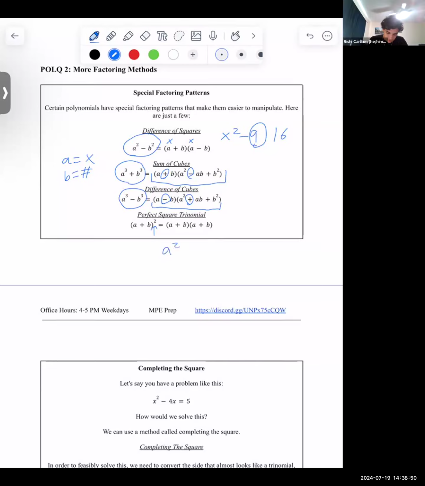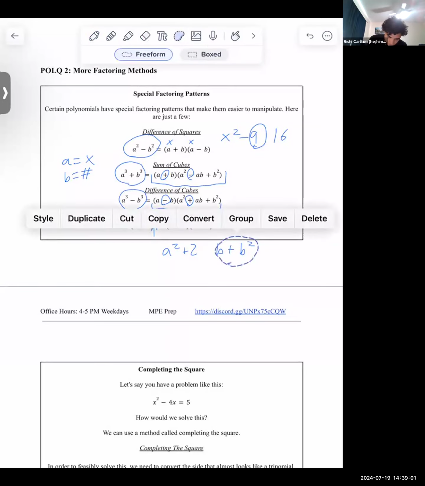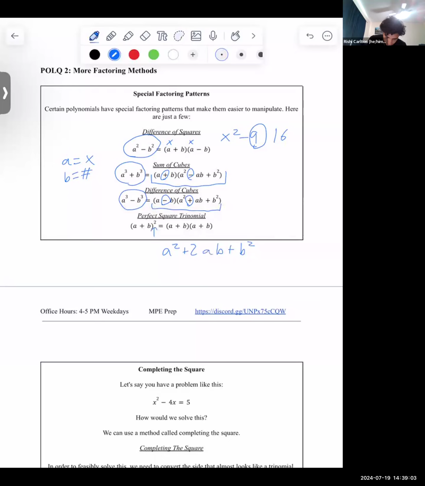Are you referring to a squared plus 2ab plus b squared? Yeah, that's a good way to write that out. Thank you. You could take this fourth bullet point one step further and write it out like that: a squared plus 2ab plus b squared. Perfect, that's a good one to add on there.